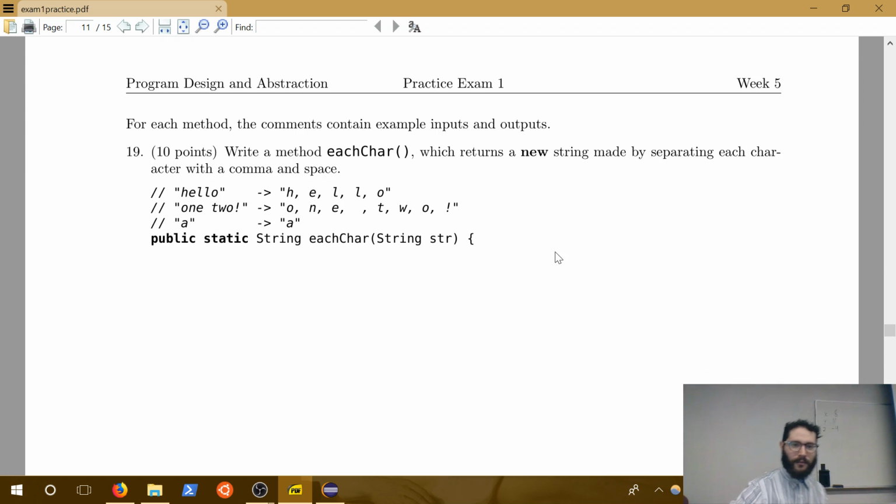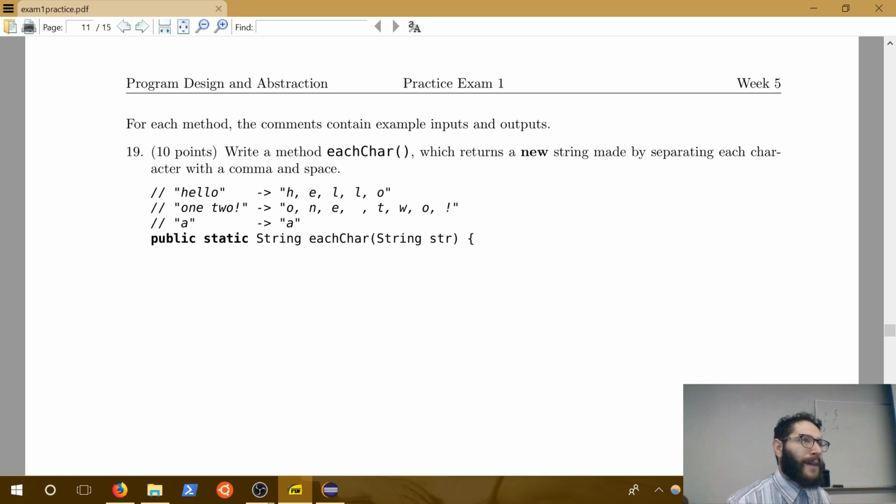So here we go. This one's called eachCharacter, which returns a new string. Here we want to complete a method called eachCharacter, which returns a new string by separating each character with a comma and a space. So hello becomes H, E, L, L, O, but notice that on the end we don't have a comma.